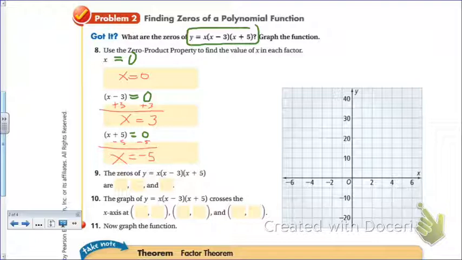So our zeros are 0, 3, and negative 5. That just means those are our solutions, what we solved for x. And what we would do with those is put them on the x-axis of the coordinate plane. So we have a 0, a 3, and a negative 5.